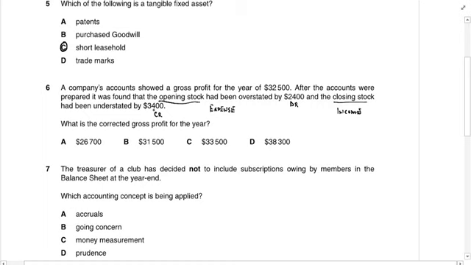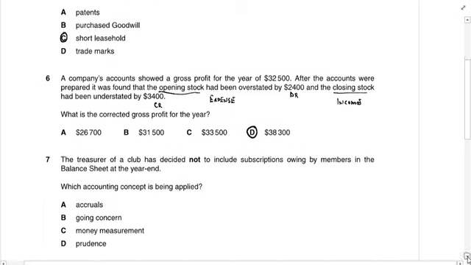And we have understated a credit, it also means that our profit is understated by the same amount. So we are supposed to add the overstatement of opening stock and the understatement of closing inventory, right? So punching our calculator, 32,500 plus 2,400 plus 3,400, we get the corrected gross profit, which is 38,300, and this is the alternative that we are looking for. So the correct answer there is D, right?